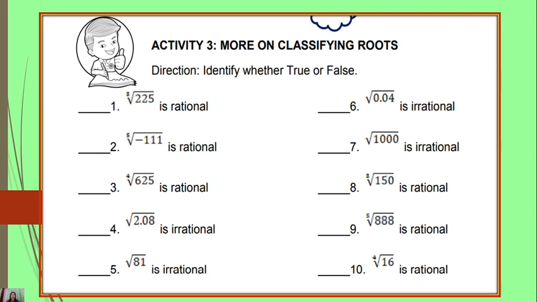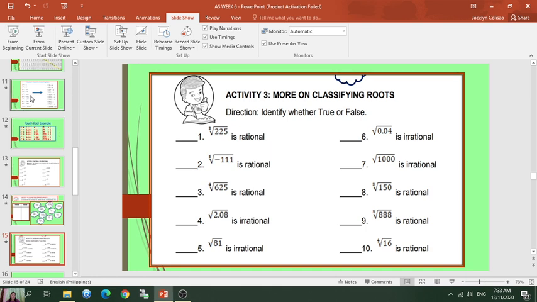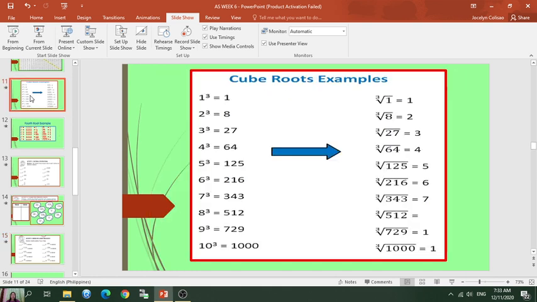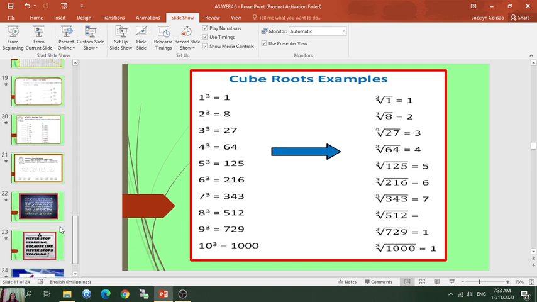Or you can go back to your cube root table. Cube root of 225. We don't have. Wala tayong cube root of 225 na rational. Okay? Wala.